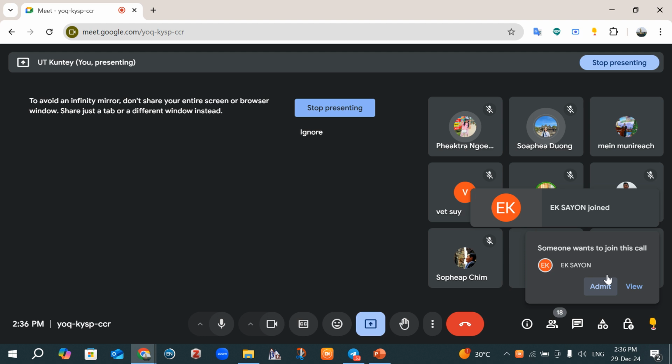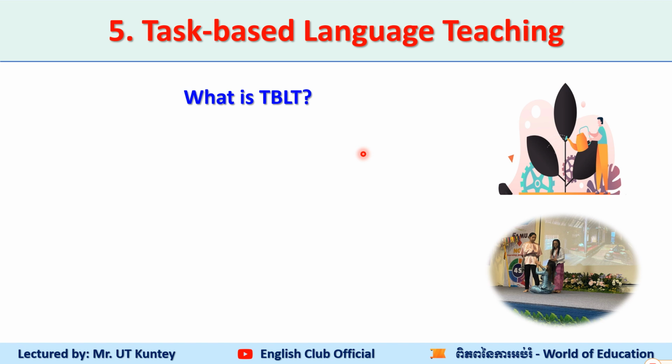Okay, so what does Wikipedia say? In Wikipedia, it is written: TBLT focuses on the use of authentic language to complete meaningful tasks in the target language.